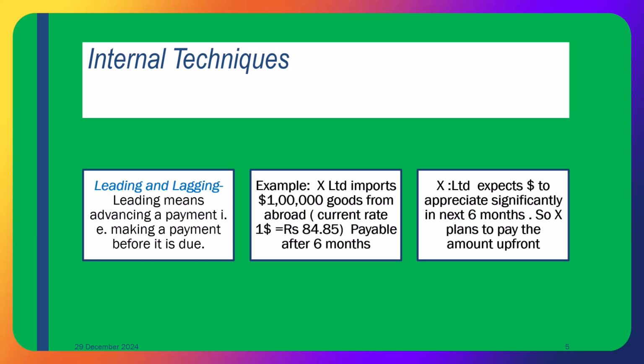See, if you have to pay after 6 months, you think that the dollar will go up a lot. Either you have seen the US dollar versus INR chart, or you are expecting some policy coming out from the Trump government, which will further appreciate the dollar and weaken the rupee.